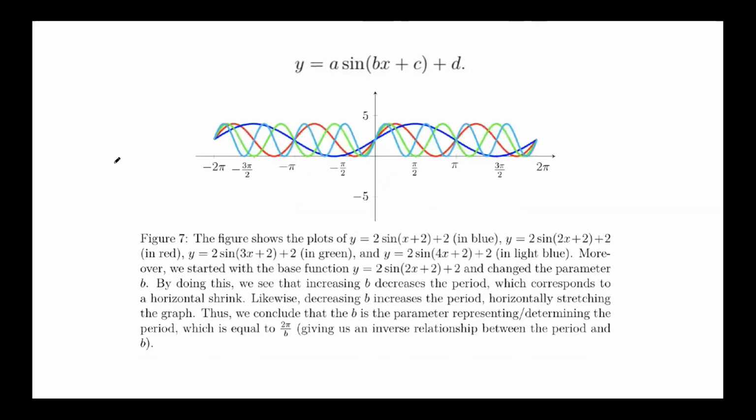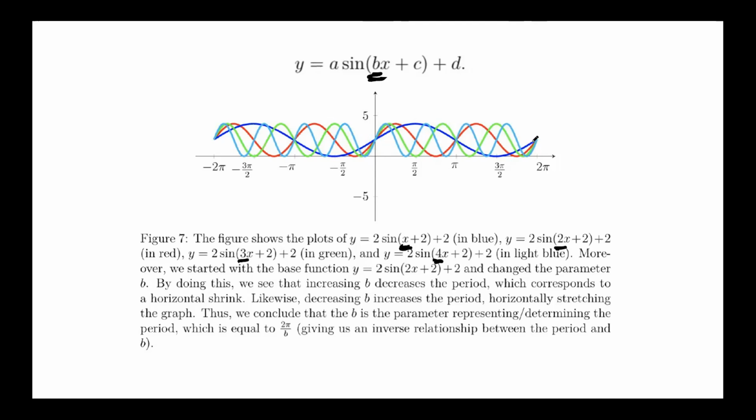Okay, and then we can also modify the period. So in this one, we're modifying b. Let's see, here we have b equals 1, b equals 2, b equals 3, and b equals 4. So let's start with blue.